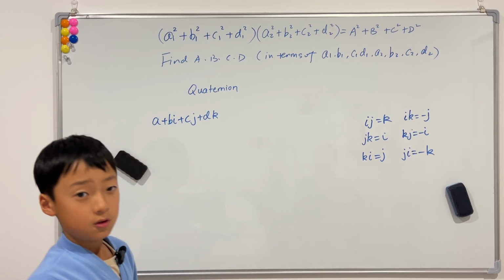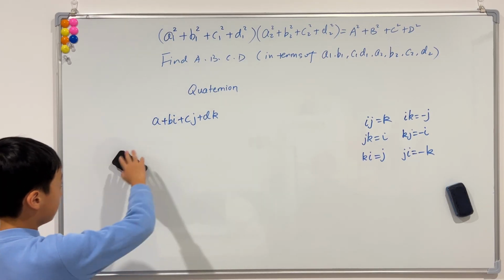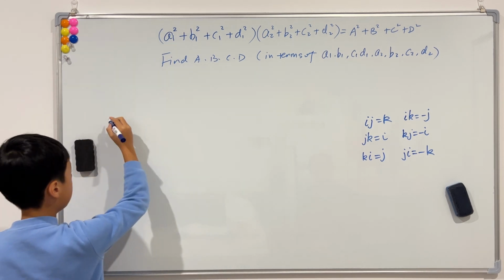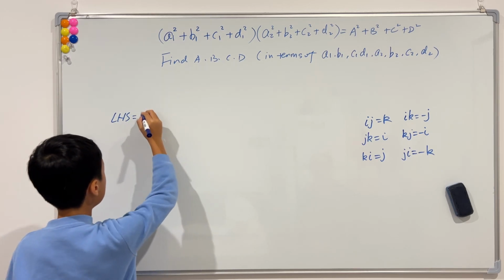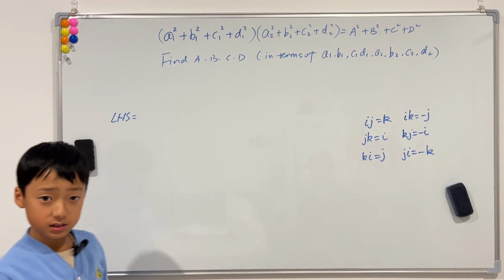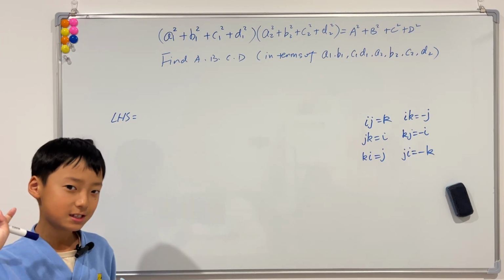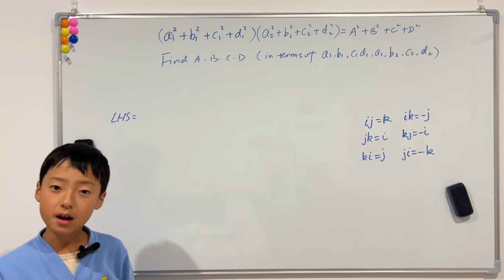So, with this in mind, we can use the quaternions to solve this equation. So, we see that the left-hand side will be, well, what is this? Just like the last example, the so-called easier example, this is actually the modulus of a quaternion squared.